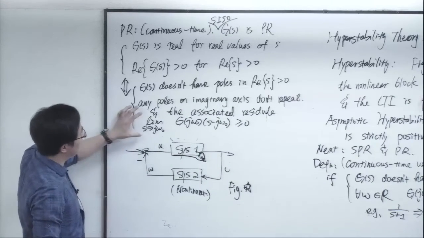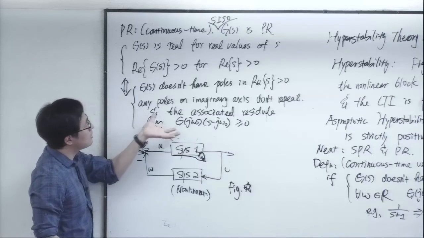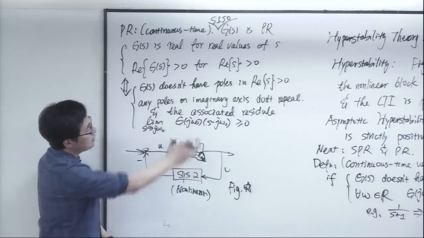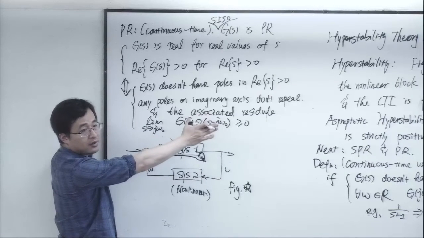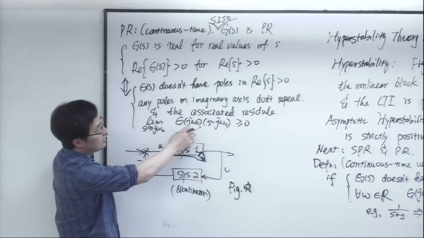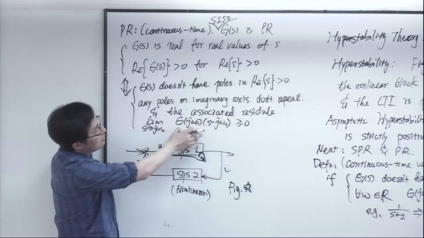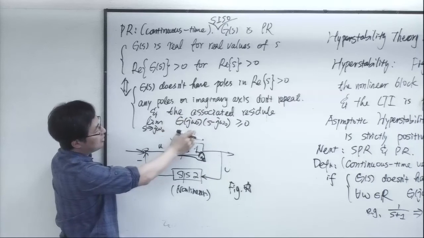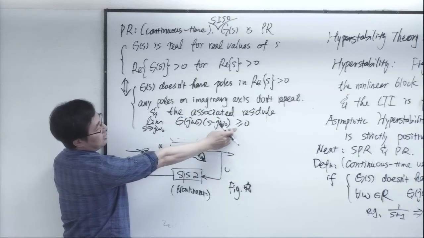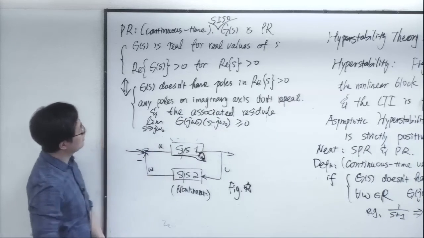All right? So basically, this is saying repeated troublesome poles cannot exist. The concept of residuals appears in the partial fraction expansion of a transfer function. It is saying that if you do partial fraction expansion for these marginally stable poles, they will have a non-negative residual.